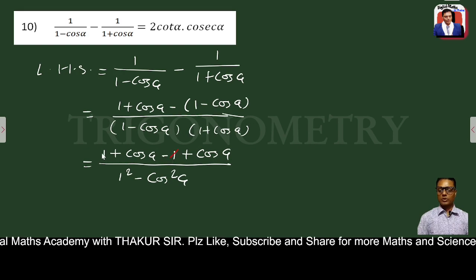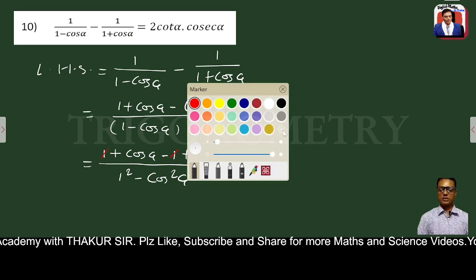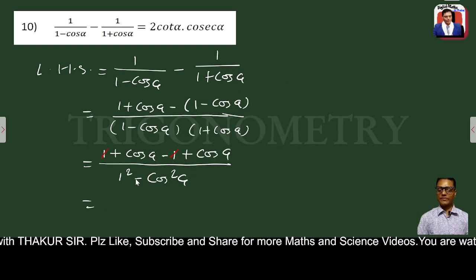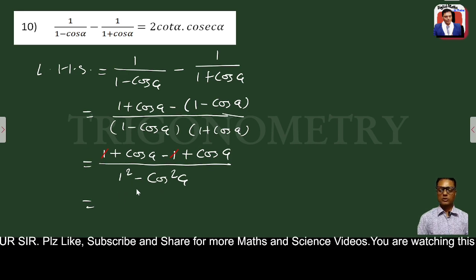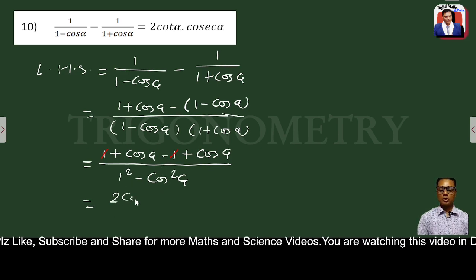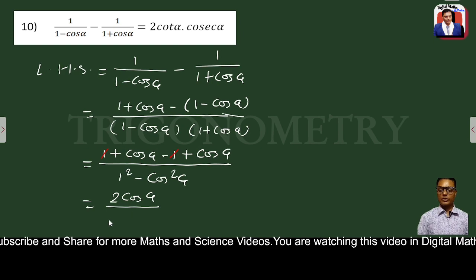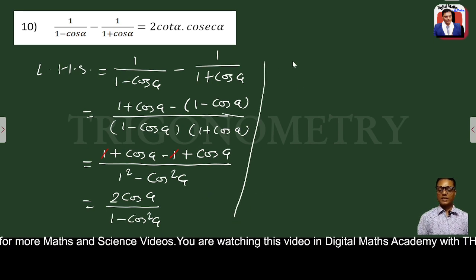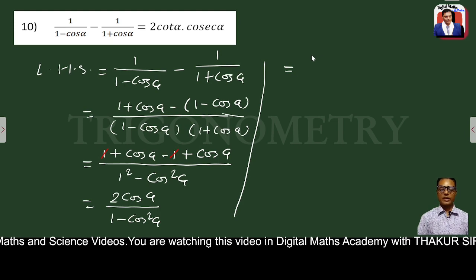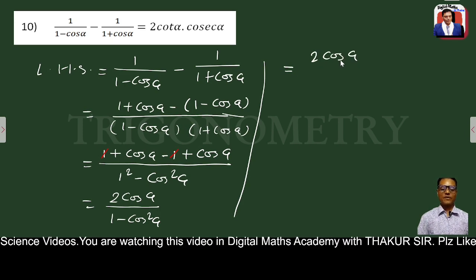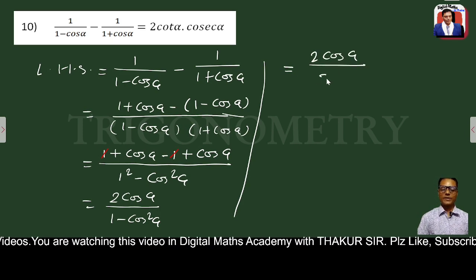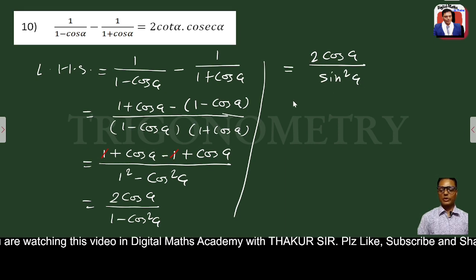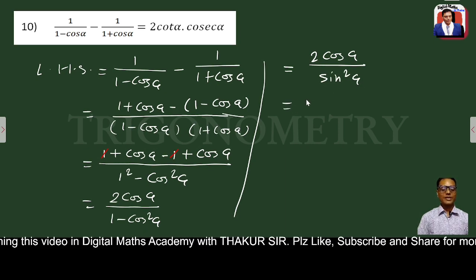So here plus 1 minus 1, yes, we can cut, and finally we have cos alpha plus cos alpha equals 2 cos alpha, and here we write 1 − cos² alpha. After that at the numerator we write as it is, 2 cos alpha, and at the denominator we have sin² alpha, because 1 − cos² alpha equals sin² alpha.